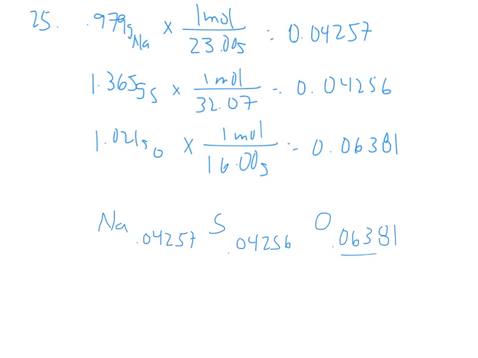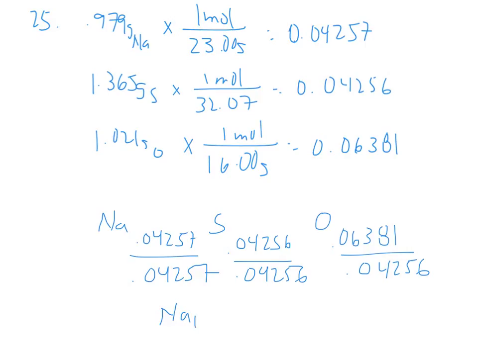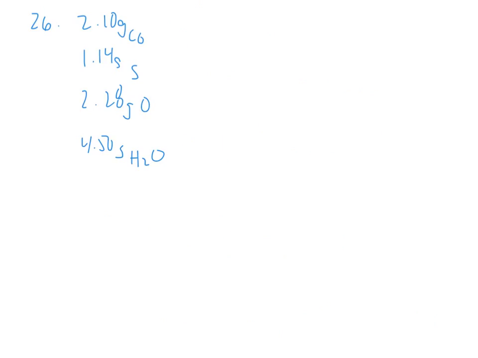So when I divide by my smallest molar ratio, Na is going to become 1, sulfur is going to become 1, but oxygen divided by 0.4256 is going to become 1.499 or 1.5. And so I don't quite have my whole number ratio, so I have to multiply the entire thing by 2 to get Na2S2O3.